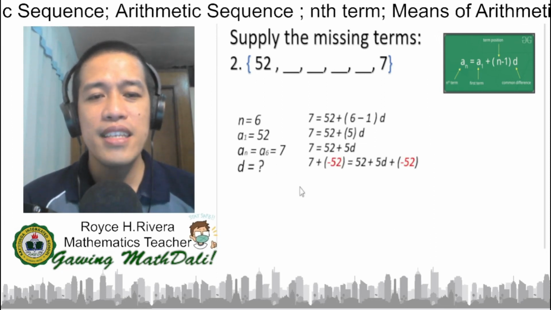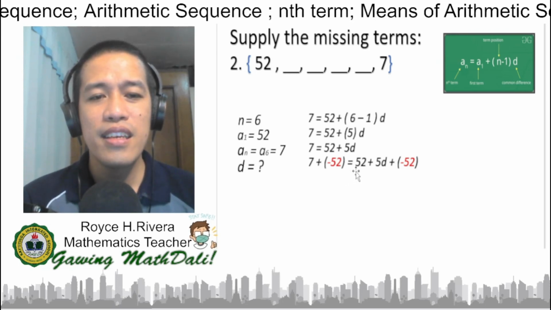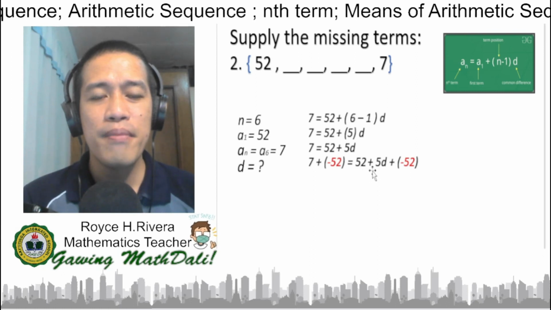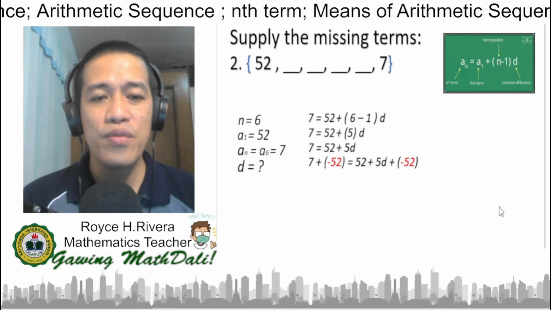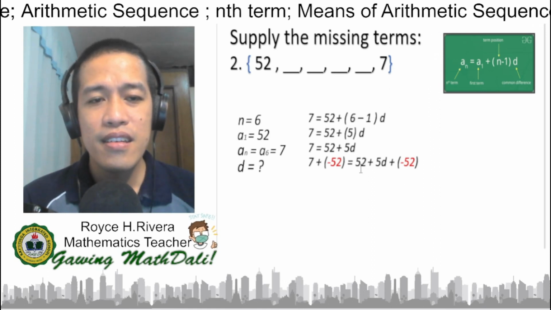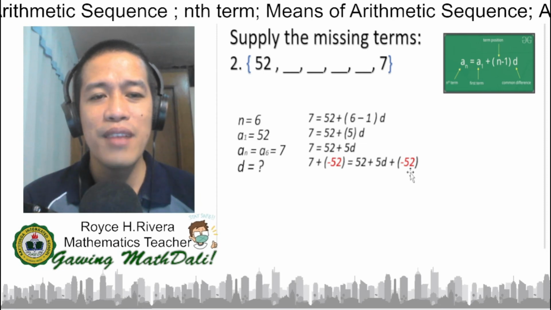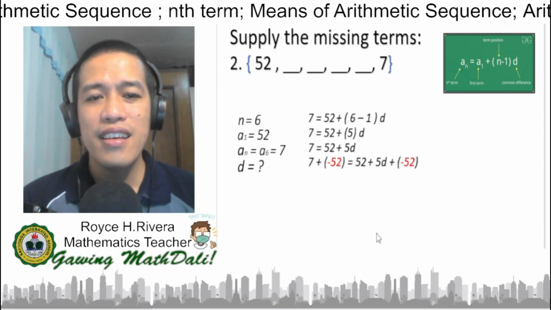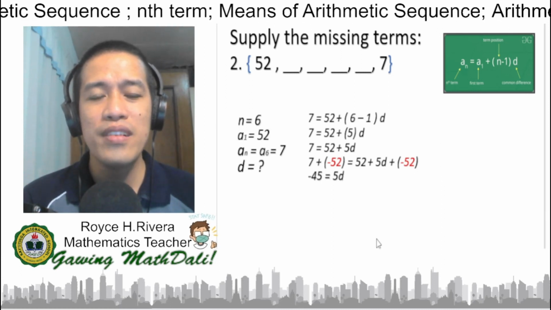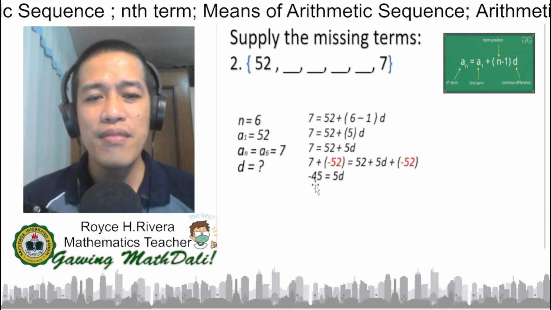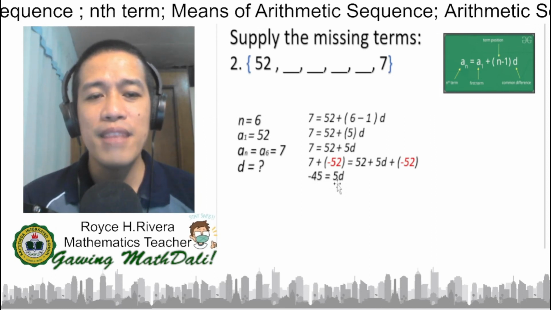We have 7 plus negative 52 equals 52 plus 5D plus negative 52. 52 plus negative 52 will cancel out each other. 7 plus negative 52 is equal to negative 45 equals 5D.